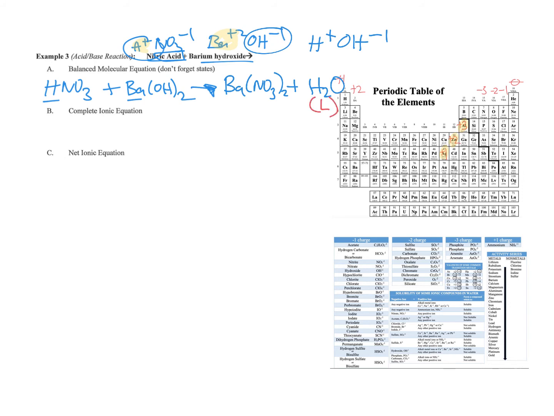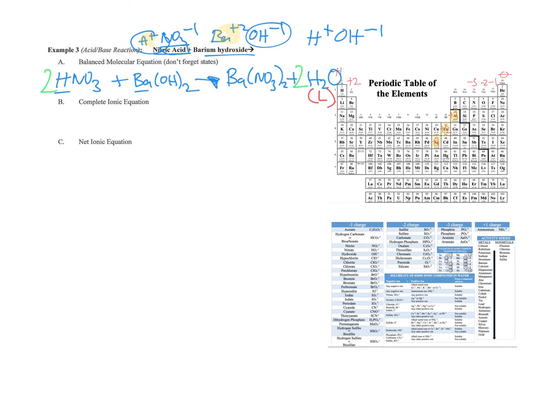So kind of jumping ahead, putting in the states of matter. Before I do that, we do need to make sure this whole chemical reaction is balanced. And so you're going to need 2 waters and 2 nitric acids. You'll then go to your solubility chart and place your states of matter. Nitric acid is soluble.